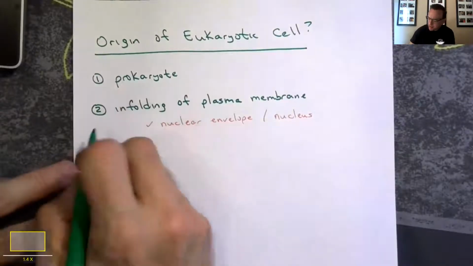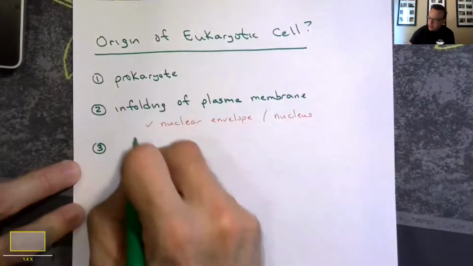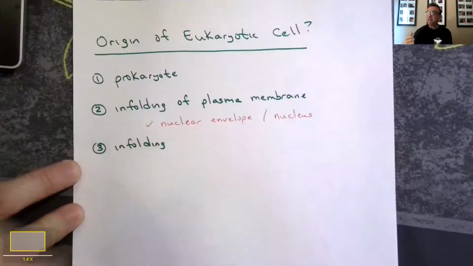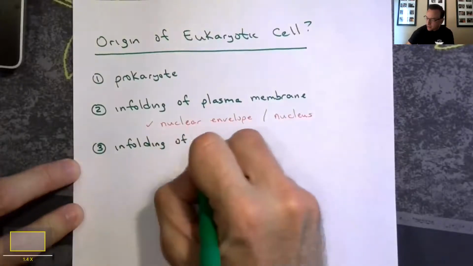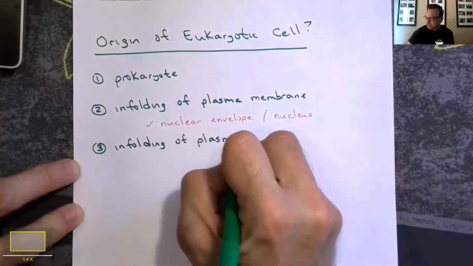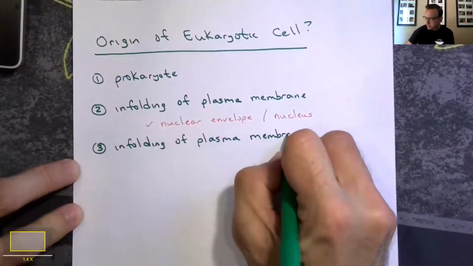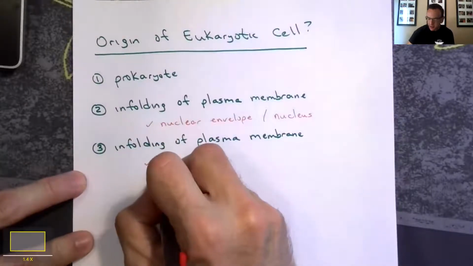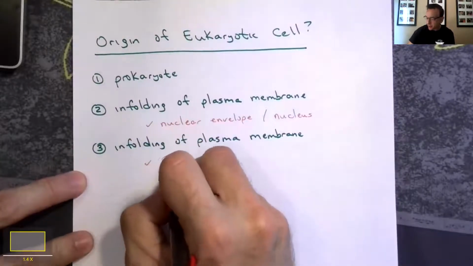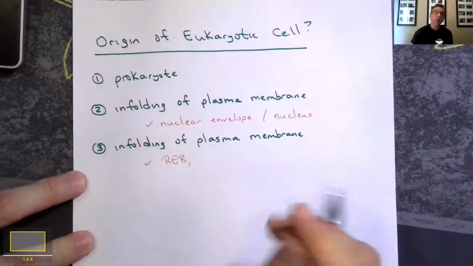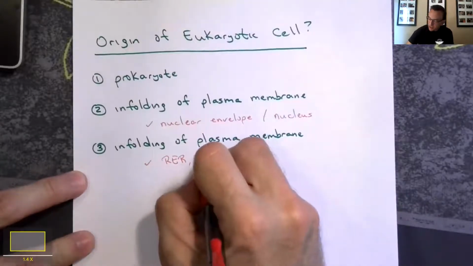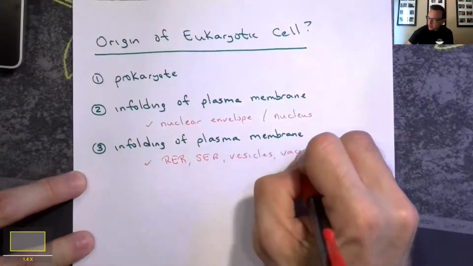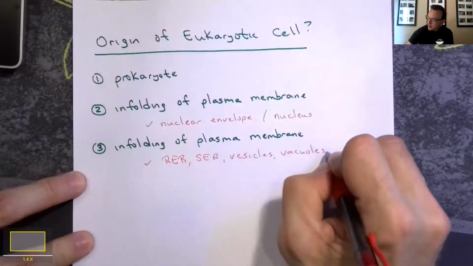Then you have step 3. Step 3 is then more infolding, or if you prefer invagination, fine with me, more infolding of the plasma membrane. And this gave rise to your organelles. And you say, like what? Oh my gosh, rough endoplasmic reticulum, or rough ER, smooth ER, vesicles, vacuoles, and so on.